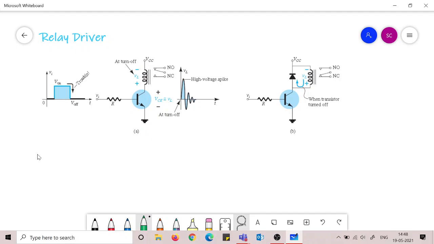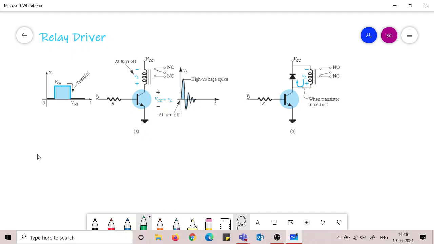In order to prevent this, we have to include a diode with this relay. So what does the diode help you with? This diode takes in the current. So when this has to go off, the relay voltage is in this direction, and the current is driven through the diode, not through the transistor. So the transistor gets saved in that way.